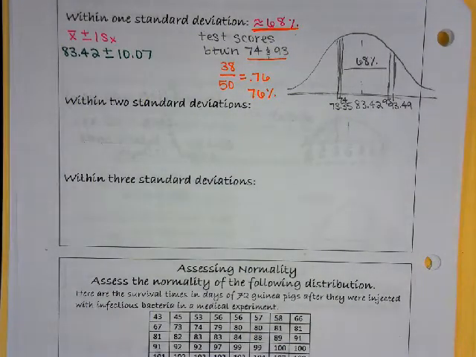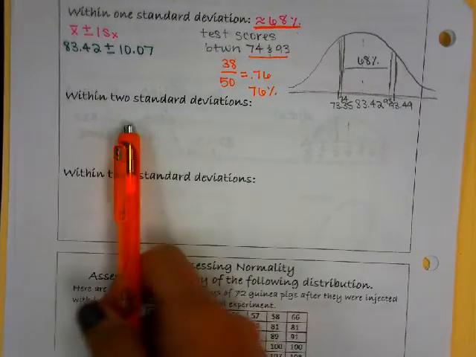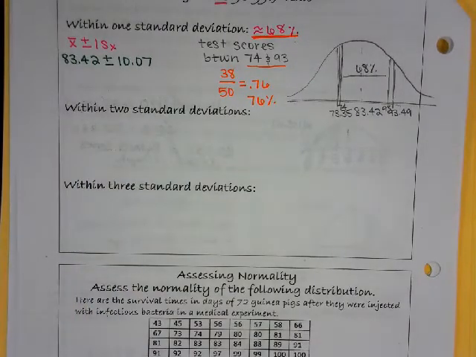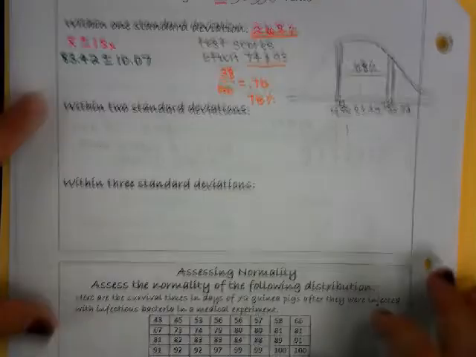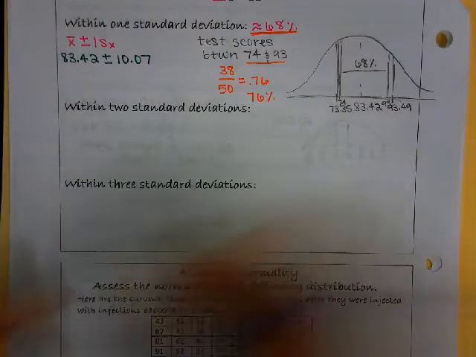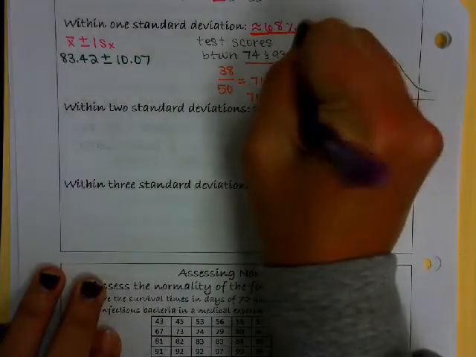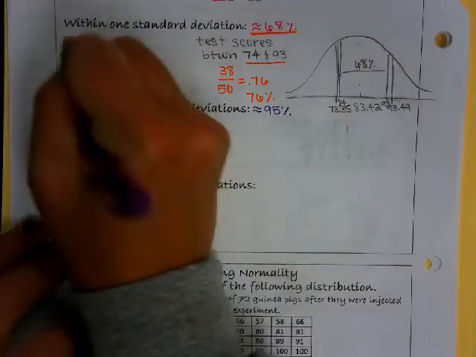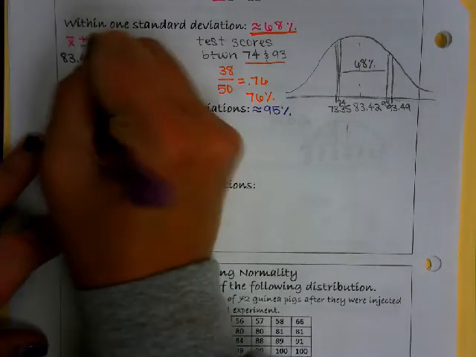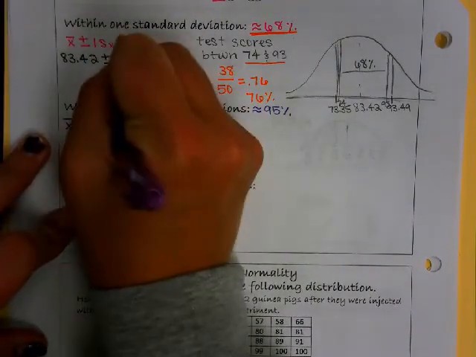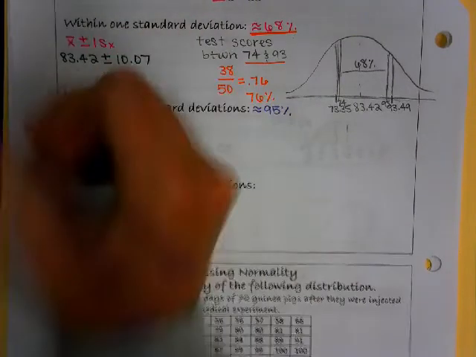All right, so now we're going to test within 2 standard deviations. Within 2 standard deviations, we should have approximately 95% of the data. So we're going to take our mean, 83.42, and add and subtract 2 times 10.07.